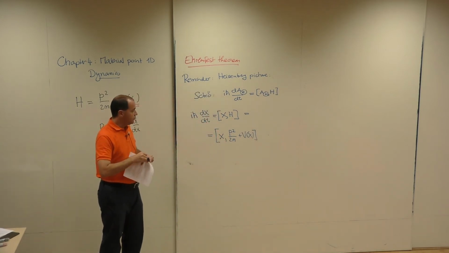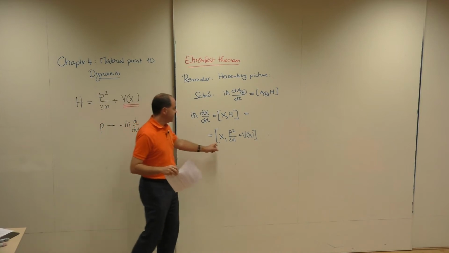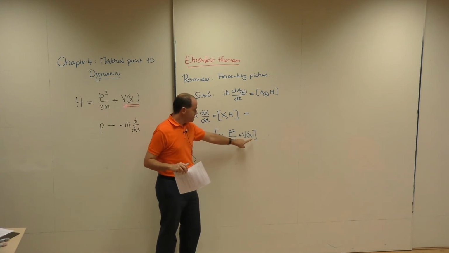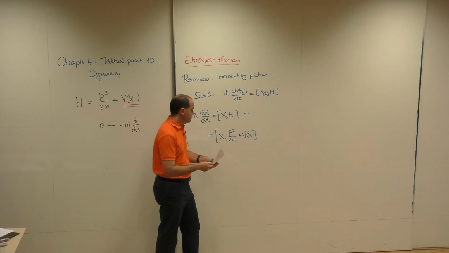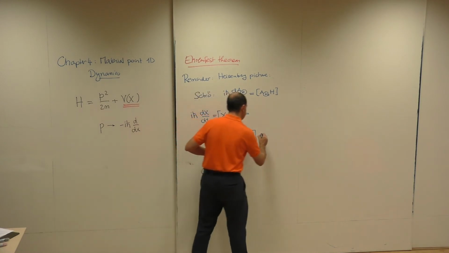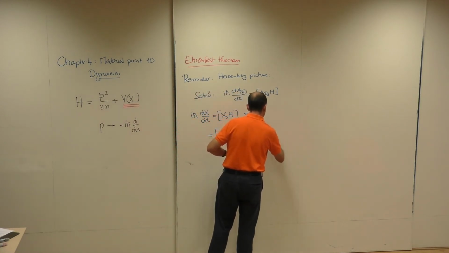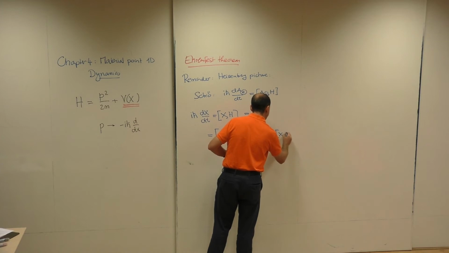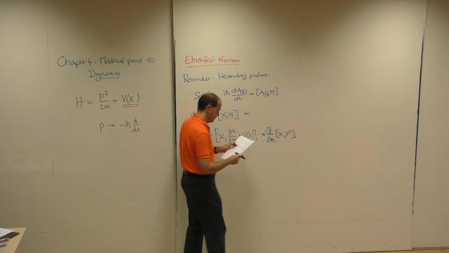Now, the commutator is linear. So this is the sum of two commutators, the commutator of x with p squared over 2m, plus the commutator of x with V. Now, V is a function of x, and so it commutes with x. So the second term is 0, and we get this. By the way, I can take out, just for fun, 1 over 2m, and I have the commutator of x with p squared.